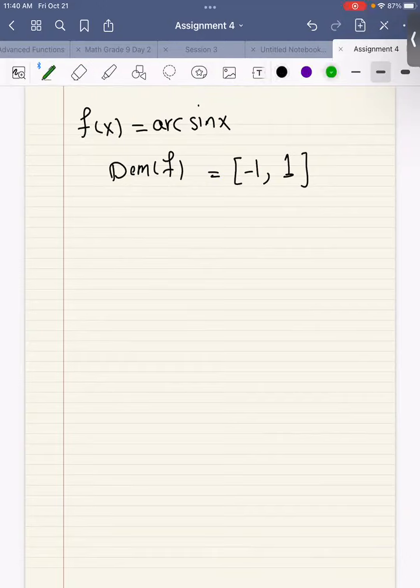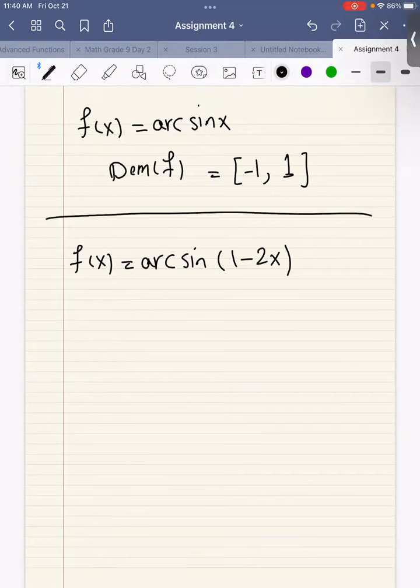Okay, so now imagine that I want you to find the domain of this new function, arcsine of 1 minus 2x. So that means you have to solve this inequality. 1 minus 2x is between -1 and 1.